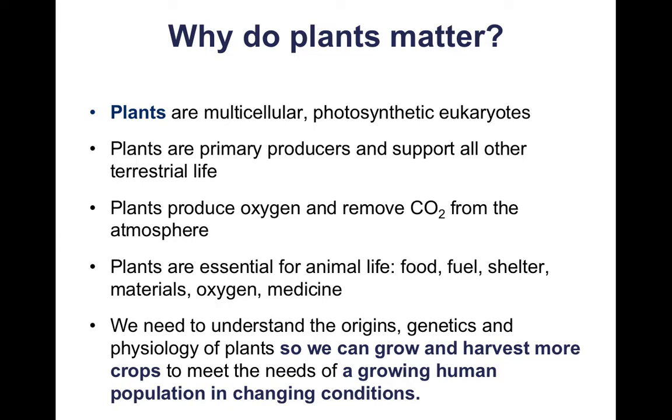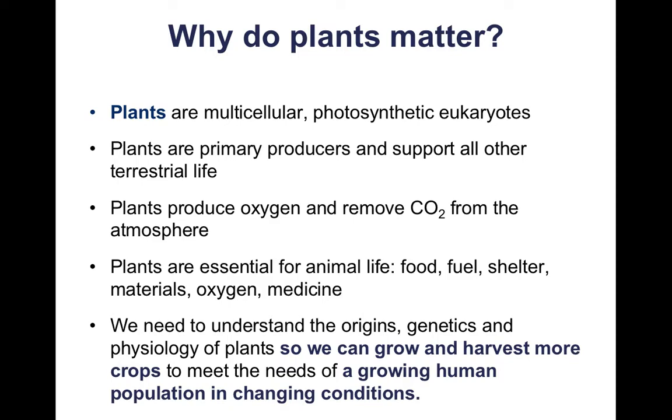And so the human population is continuing to increase in size, but unfortunately, we're not meeting the crop production requirements that we're going to need to feed the people, we think, as early as 2050. So it's very important for us to understand plants in order to increase plant production so that we're not faced with a major humanitarian crisis in the next few decades.